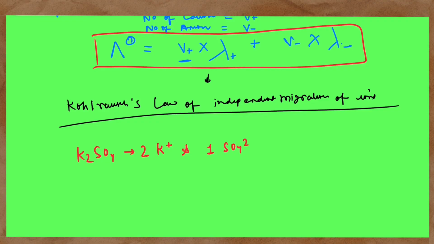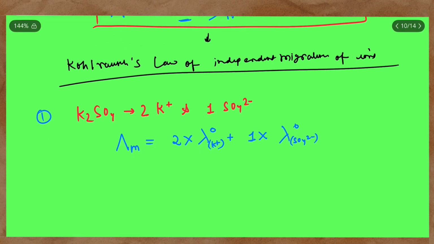So the overall molar conductivity in this case is written as lambda M. It is equal to the number of cations, 2, times the contribution of each cation, lambda naught plus, plus we have only one anion, 1 times lambda naught negative. Basically, in place of plus I can also write K plus and sulfate as SO4 2 negative. You can also put it in brackets.